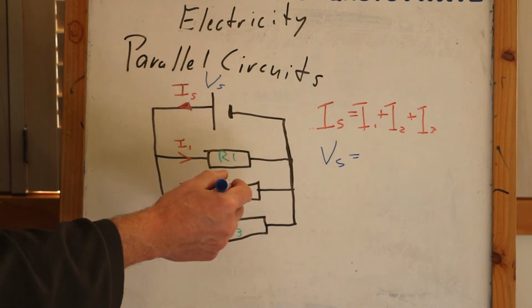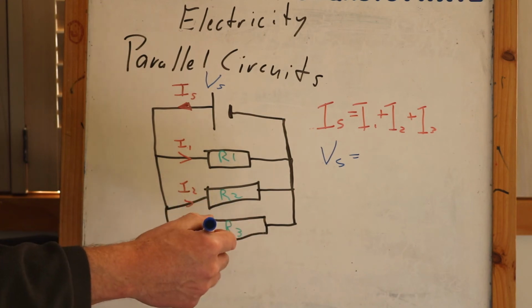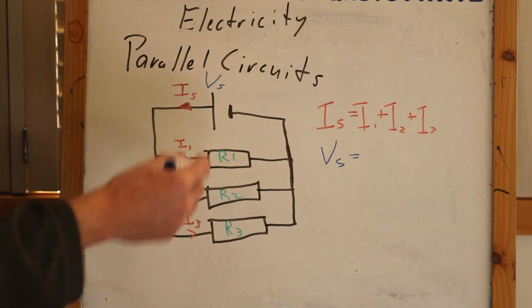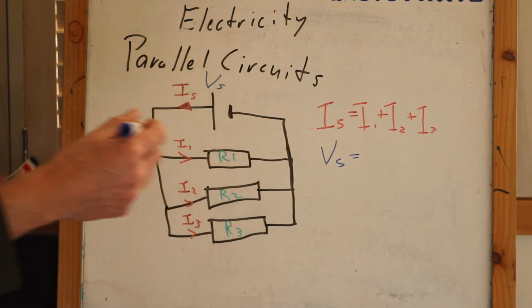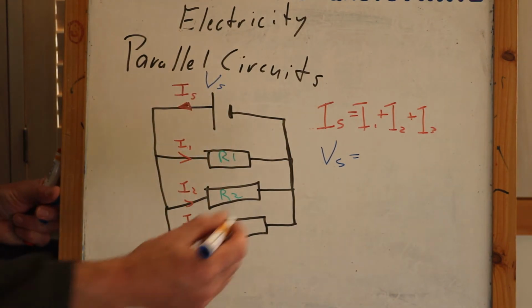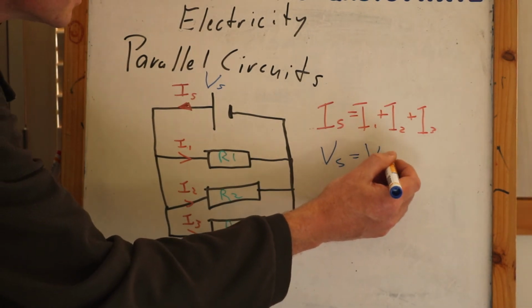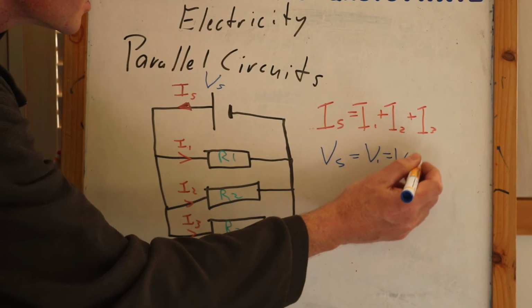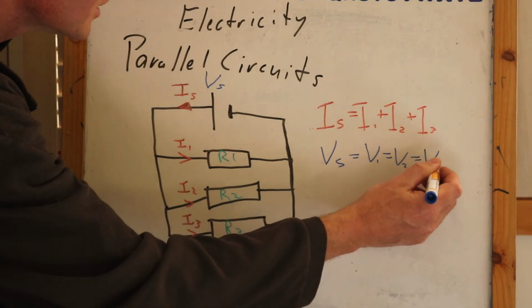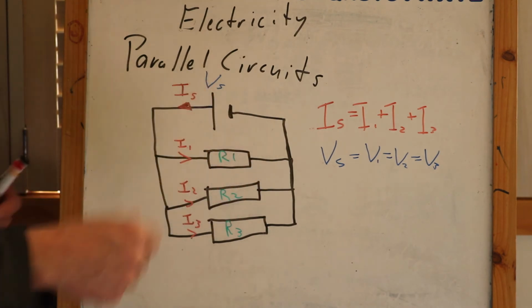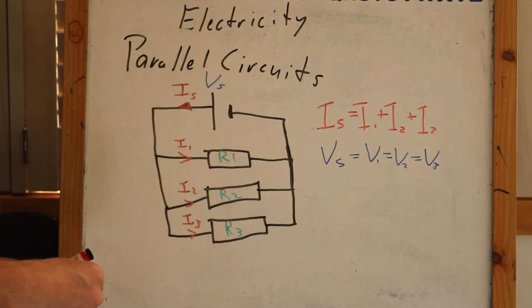So every resistor in a parallel circuit is on the same voltage, and that means in this case they're all attached to the supply voltage. So in other words, voltage 1 equals voltage 2 equals voltage 3 equals the supply voltage. They're all connected to the full supply voltage.